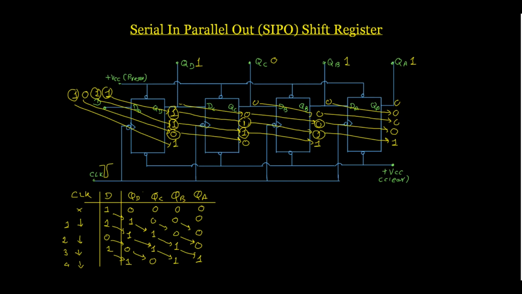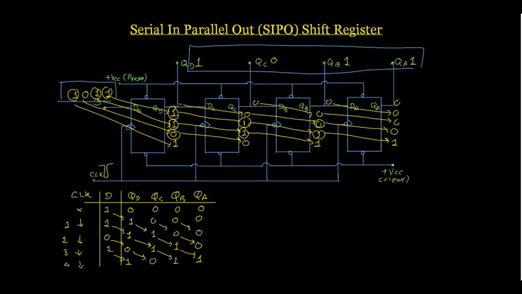The input binary number is 1011, and after the fourth clock pulse, QD, QC, QB, QA is also 1011. So my input 1011 is equal to the output QD, QC, QB, QA, 1011.